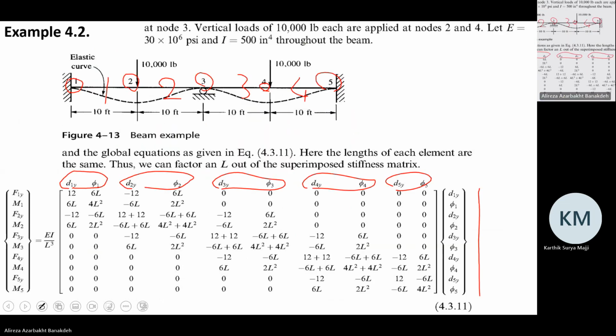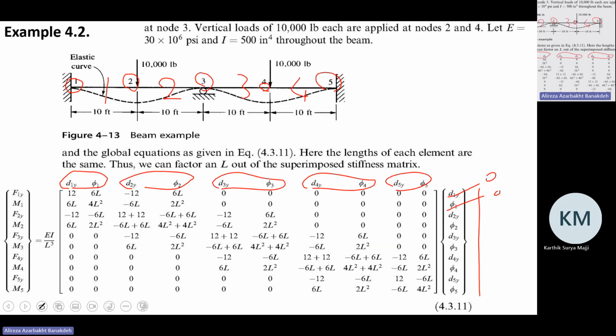So what we have done here is just to put the small matrices into the right places, and we will get a 10 by 10 matrix, which is for the whole structure. And then we need to eliminate the degrees of freedom corresponding to those boundary conditions. This is 0 because of support number 1, node number 1.